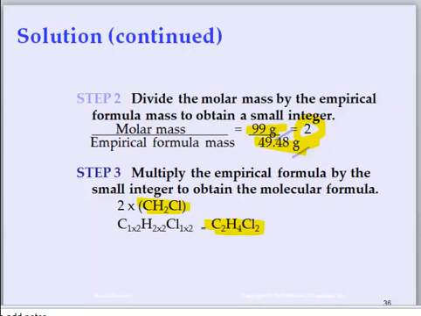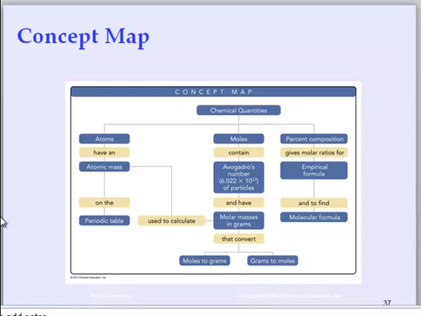Most likely we'll be doing a couple of these problems in class as well, and I'll reinforce these concepts better. Here is a concept map for you to look at. This concept map is very nice because it gives you a relationship between all the units we were talking about. We have atoms. Atoms have an atomic mass, which is determined by the periodic table.